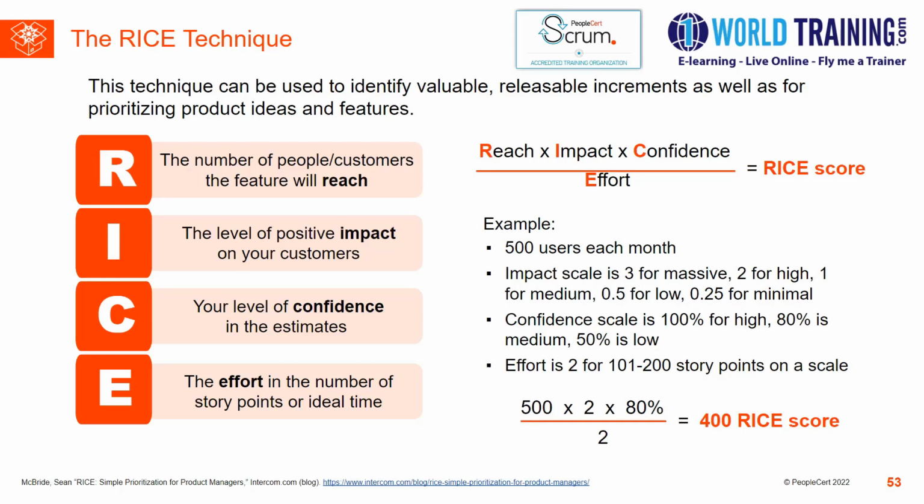Based on that, you can calculate the RICE value. The question in the exam will simply be doing the mathematical calculation based on the formula, but the exam certainly asks this question in the certification for sure.